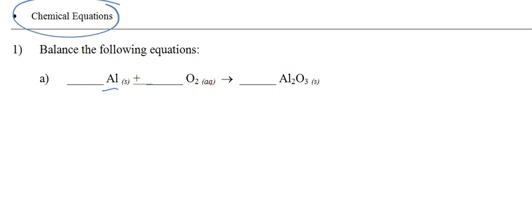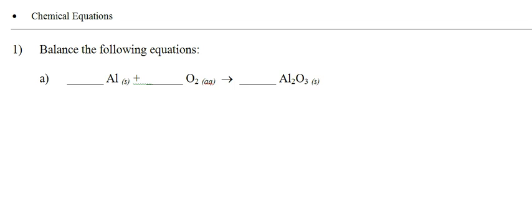So it's not going to change into something else as it would in a nuclear reaction. And the law there is the conservation of mass. So if I start off with 3 aluminums on the left side, I better have 3 when I finish. Okay, so you may need to know that for later on.